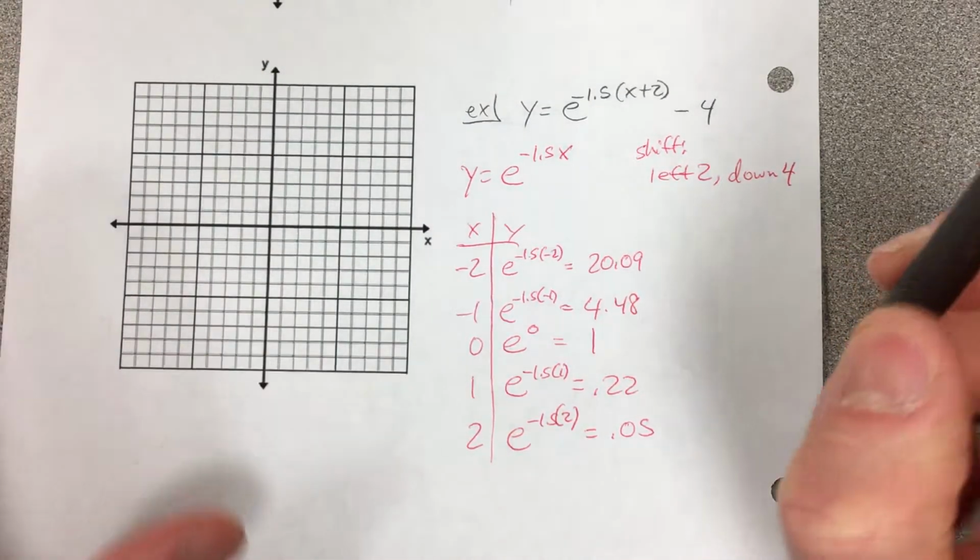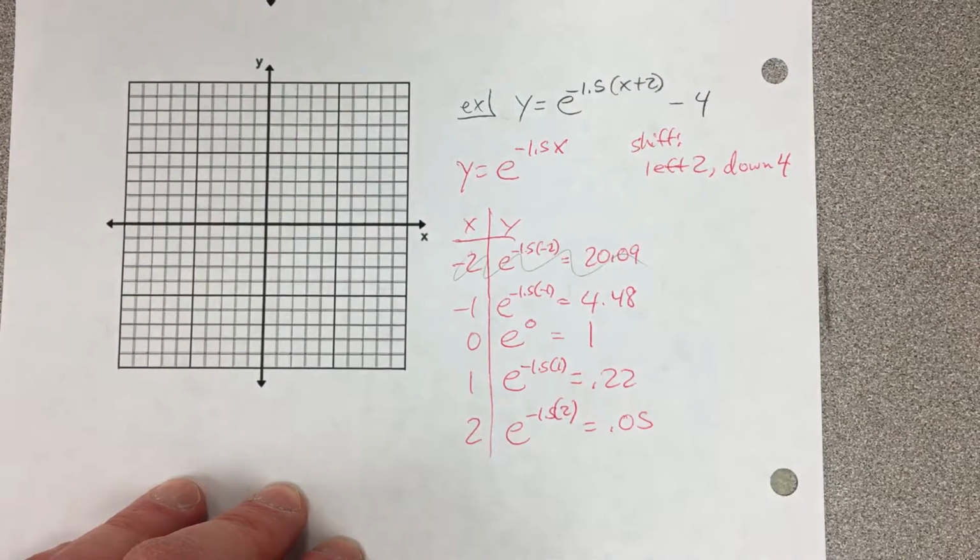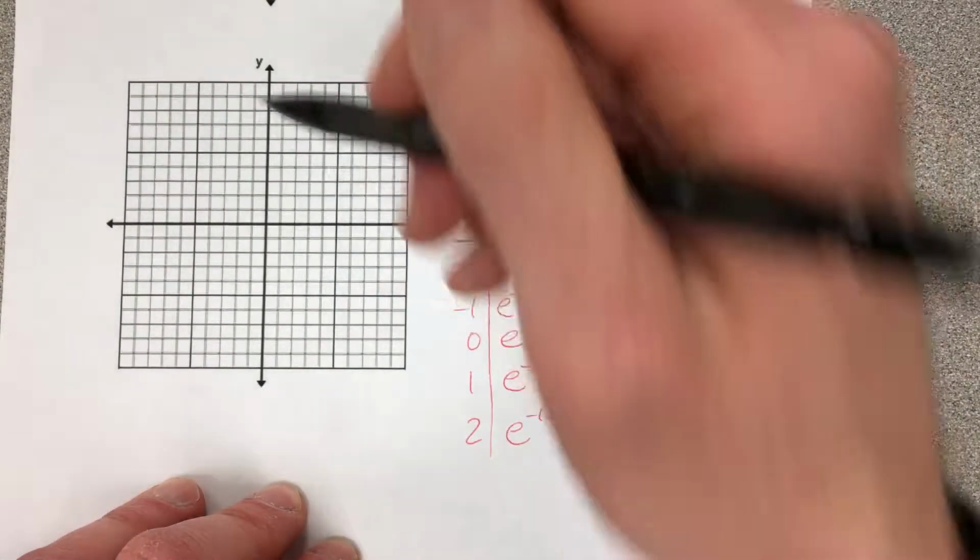You'll graph each one of those. That one's way off. We'll just mark it out. We won't worry about that.